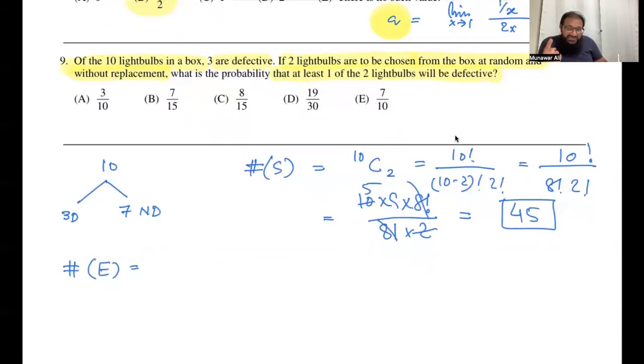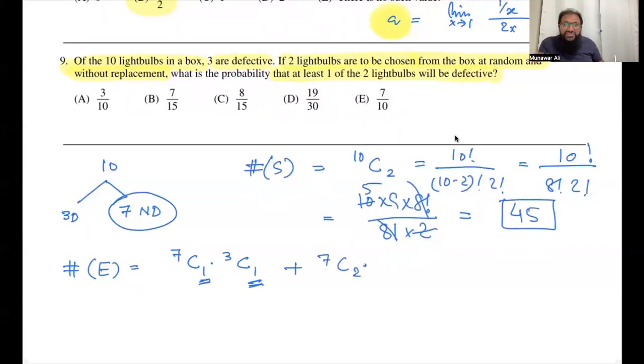So the number of sample points in the event, at least one is going to be defective. Defective are 7. 7 choose 1 because 1 is defective and 1 is non-defective, times 3 choose 1. Here this one shows non-defective and this is defective. Plus, one is defective or both of them are defective, so 7 choose 2 times 3 choose 0. But 3 choose 0 doesn't matter.